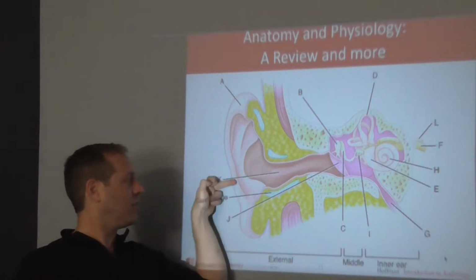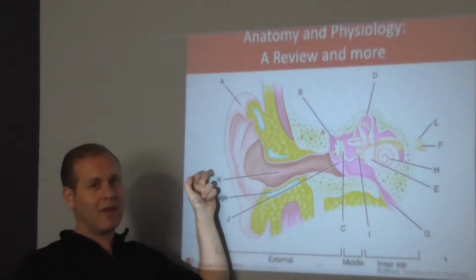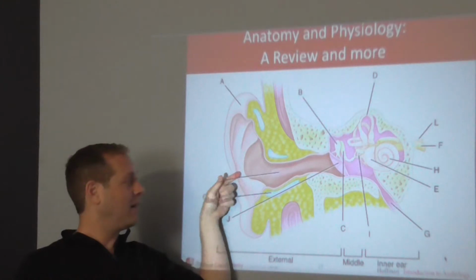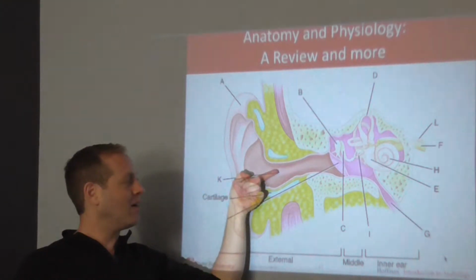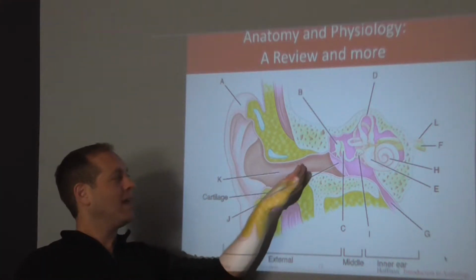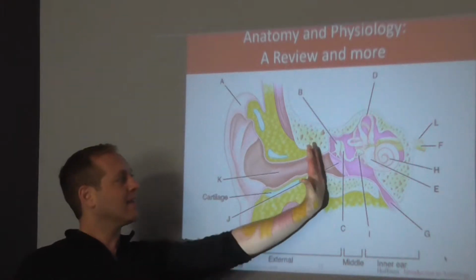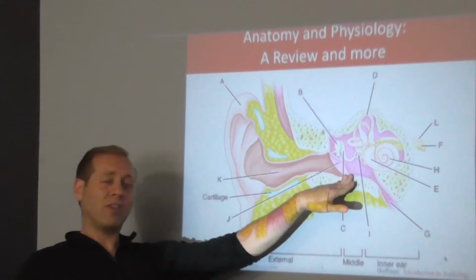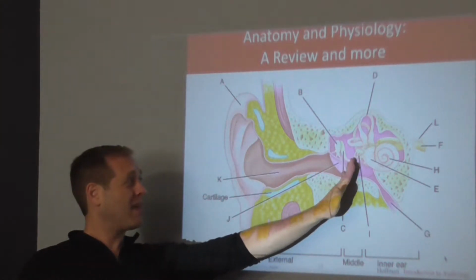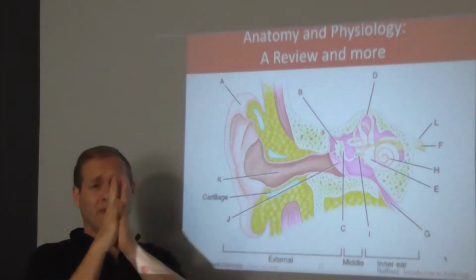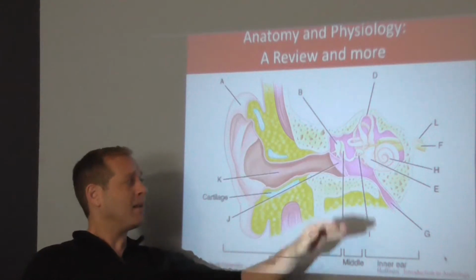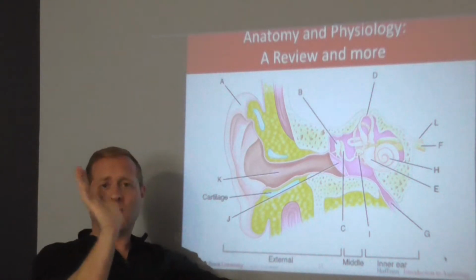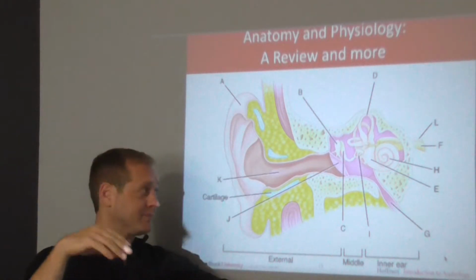So if you put a cotton swab into the ear, you're actually pushing any cerumen in further, and it's going to lodge itself up against the tympanic membrane. If you lodge cerumen or earwax up against the tympanic membrane, it's going to build up on the tympanic membrane. And the tympanic membrane is meant to flow back and forth.